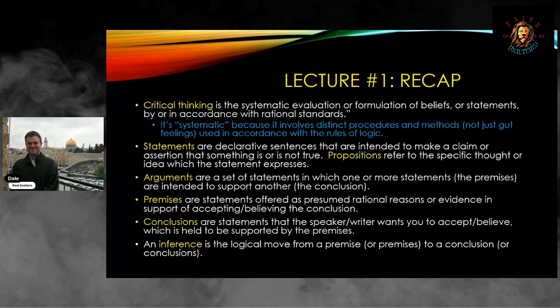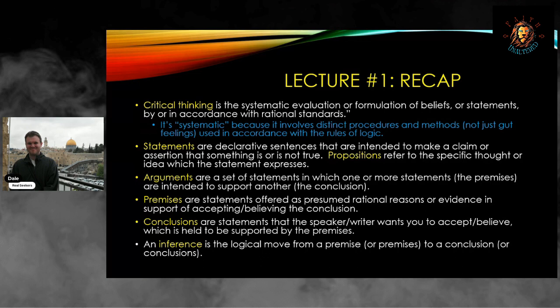We also learned a little bit about arguments and the elements that make up an argument. An argument is a set of statements in which one or more of the statements serve as premises or reasons to think that another statement, i.e., the conclusion, is true.